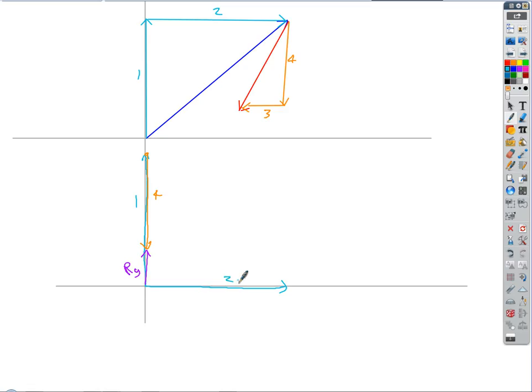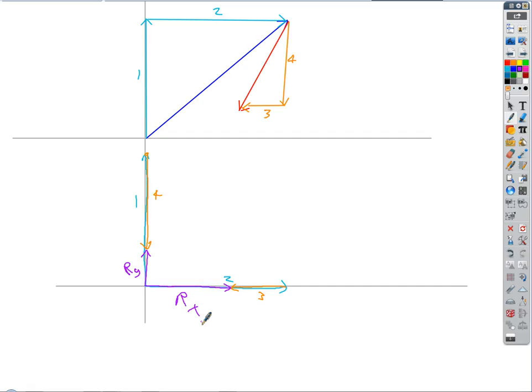That was vector 2. And this was vector 3, right? So what does that give us? That gives us r sub x. Those are the horizontal and vertical pieces of that sum.